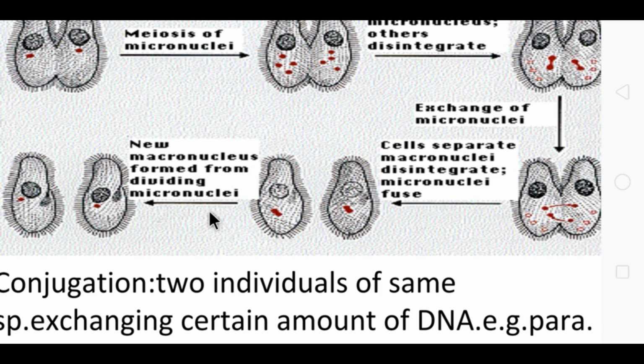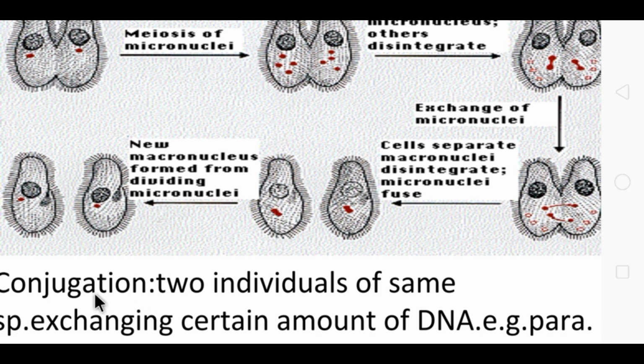Whenever meiosis occurs, the micronuclei multiply, the macronuclei disintegrate, and then the cells separate. The micronuclei are fused. Here a new macronucleus forms from the dividing micronuclei.